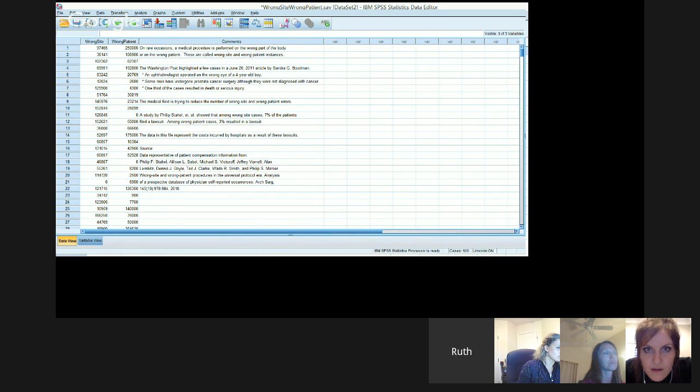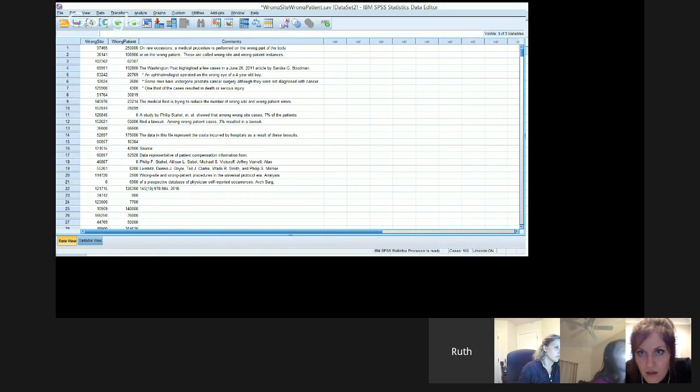Phillips, Stiles, et al. conducted a study on these mistakes and the lawsuits that follow. The data in the file wrong site, wrong patient, located in the data page of the online textbook, represent the amount in U.S. dollars hospitals were required to pay in wrong site and wrong patient lawsuits. A value of 0 indicates that the hospital won the legal battle.